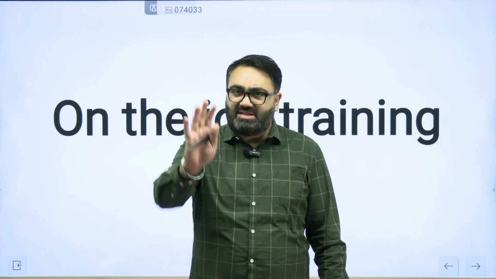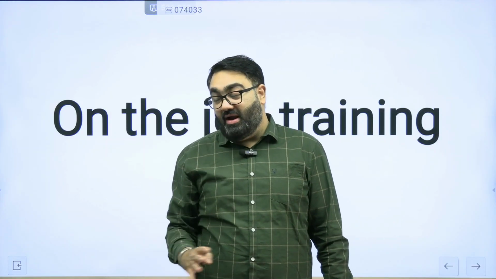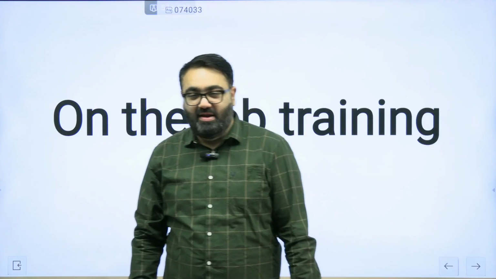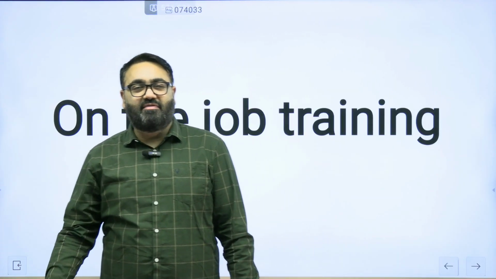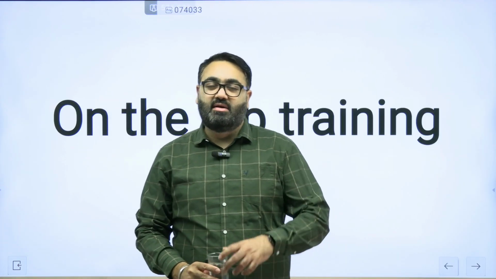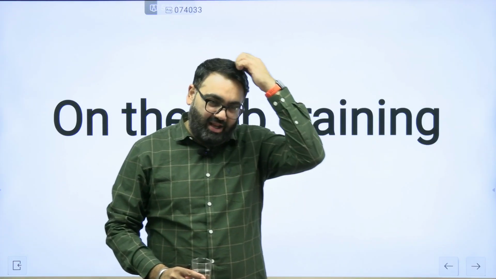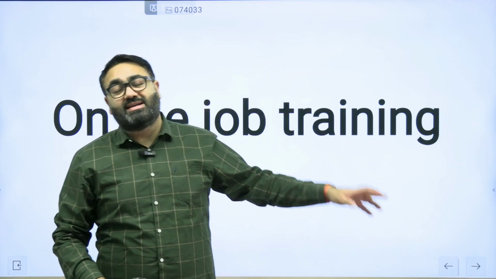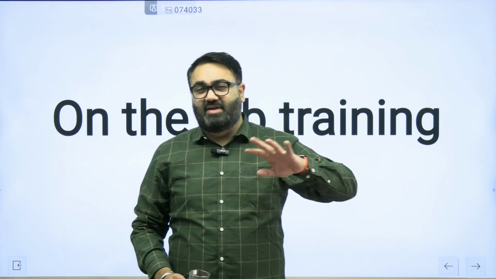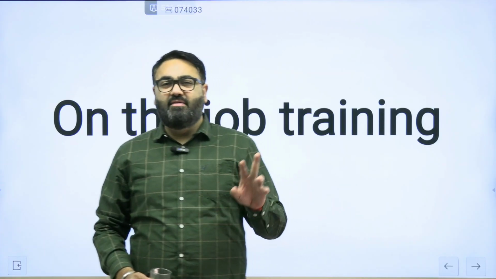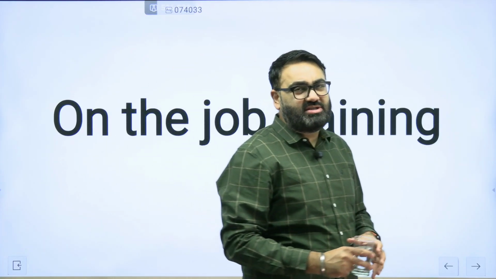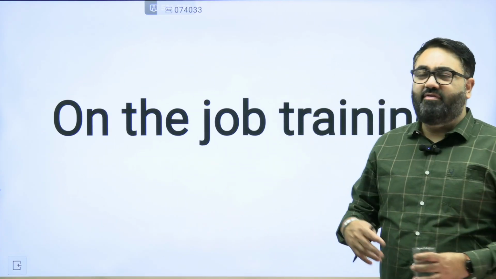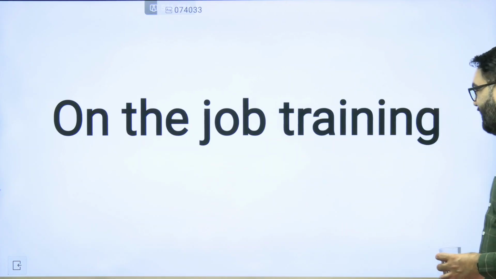We will pay you a salary, don't worry. May not be the complete salary, maybe half a salary. We'll keep paying you, but the first few months will be just your training, so that you are trained about what exactly to do, how a company works. After the company is satisfied with your performance, we will continue and increase your salary. That is a part of on-job training, where people are trained on the job.